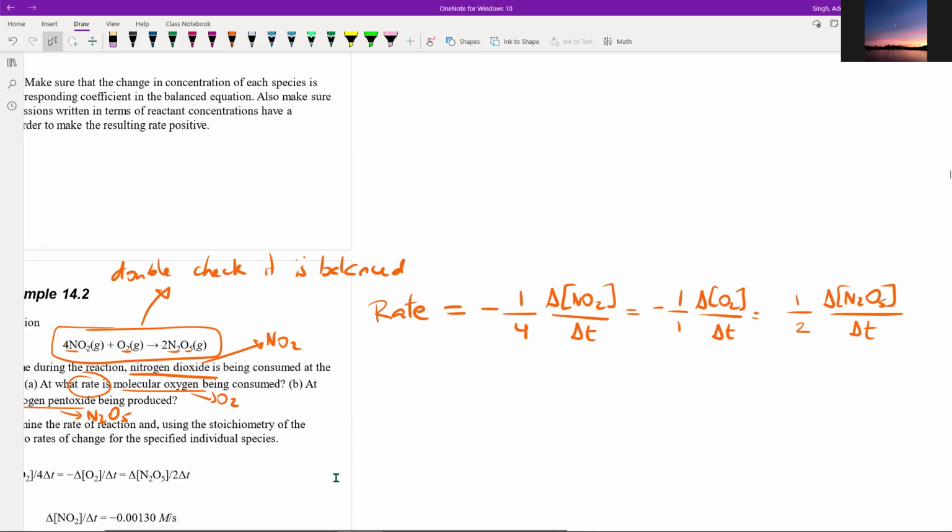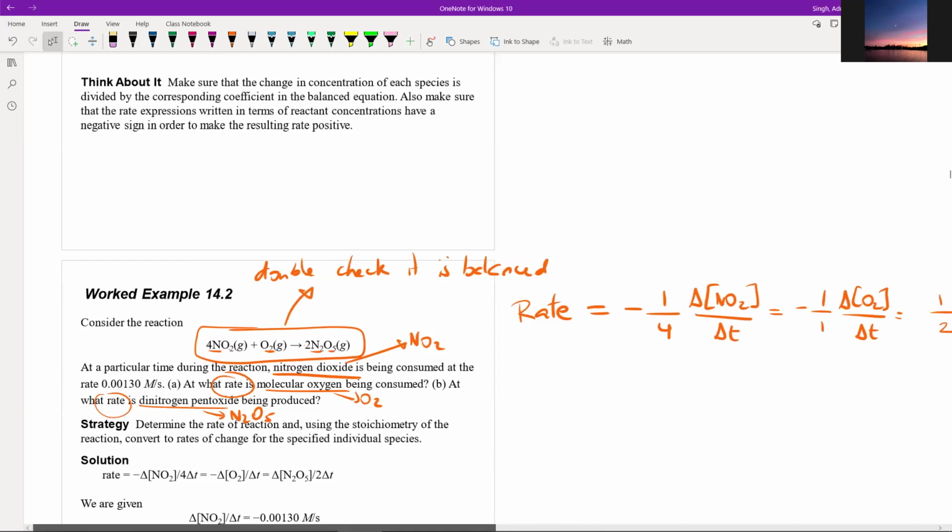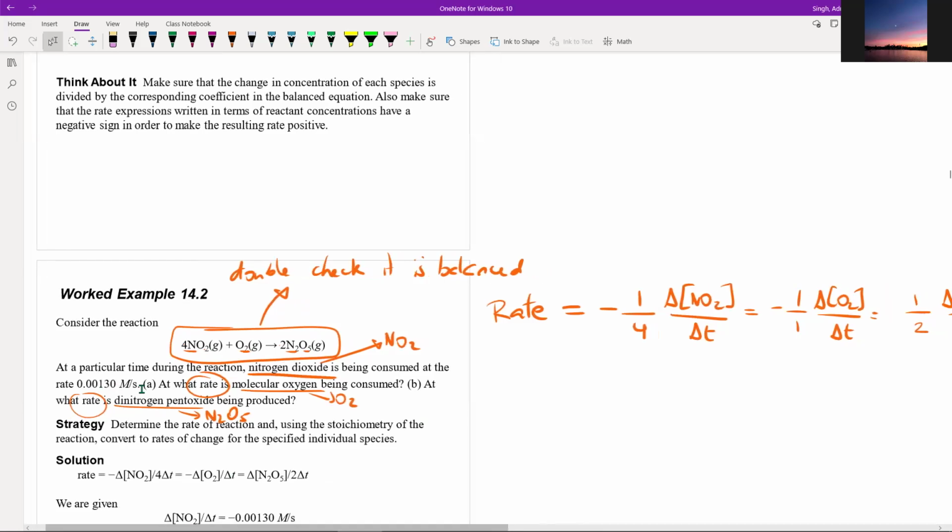And then we're told that the nitrogen dioxide, the NO2, is being consumed at a rate of 0.00130 molar per second, right? So that tells us, we're given this particular piece of information, the rate of consumption of the NO2.